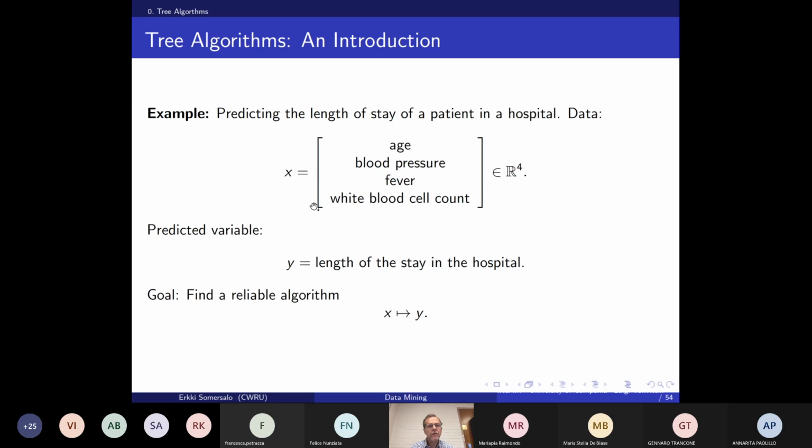So tree algorithms refers to a host of methods where you have a sort of systematically developing computational methods which are based on a very common practice, let's say in medical practice.